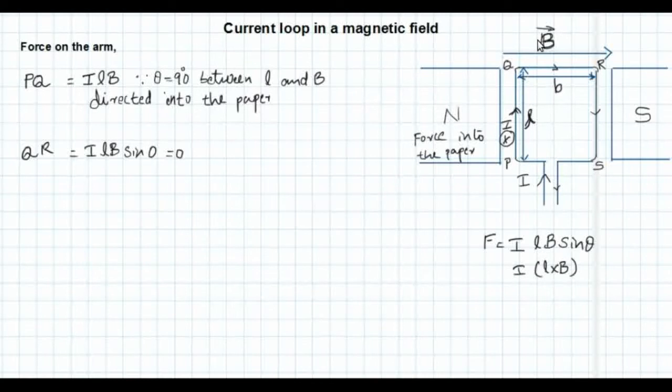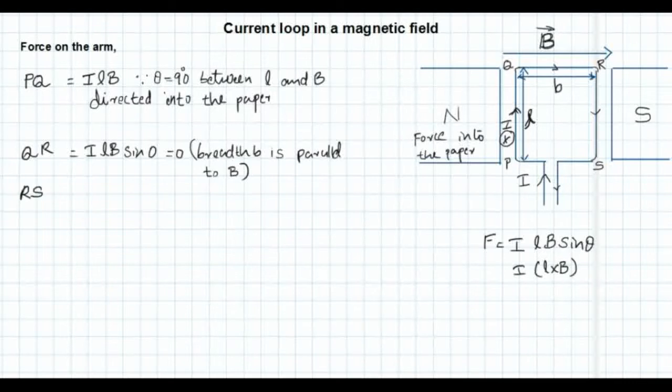So these are parallel, and sin 0 is 0. Therefore the force on the arm QR will be 0. The reason is the breadth of the coil is parallel to the magnetic field B.